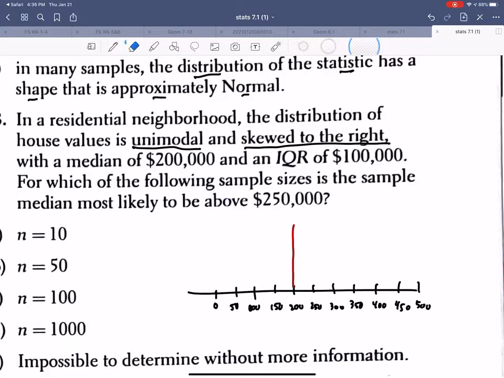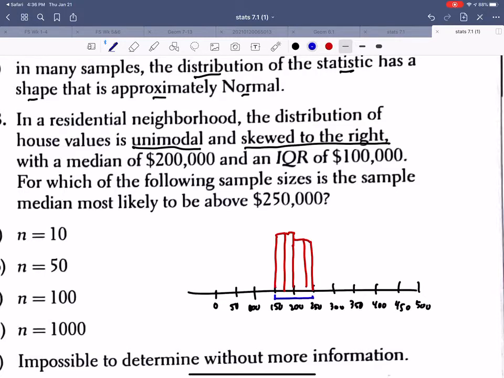So the median would be, let's say, here's my data here, right? Maybe there's data on both sides here. It's 200. And an IQR of 100 means the inner half of the data is 100, so the width of this is 100.